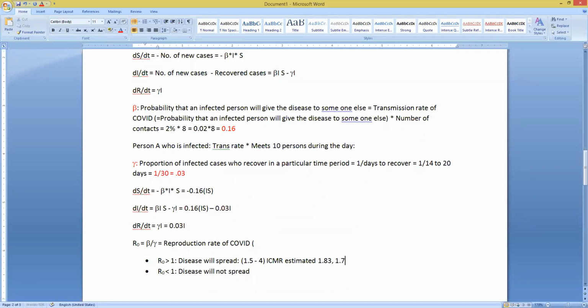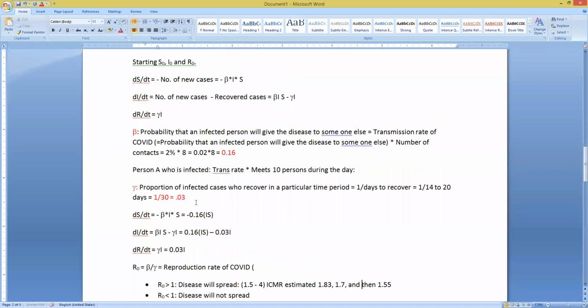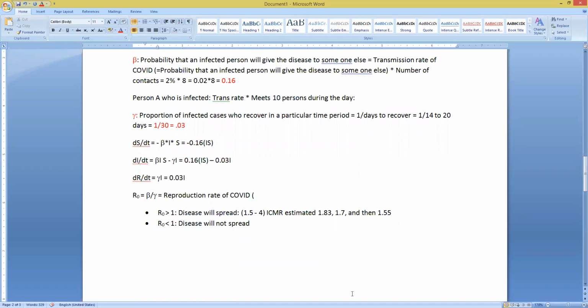Then it decreased to 1.7, and then to 1.55. Okay. So after 3 minutes, I'll end the class and then I'll restart again.